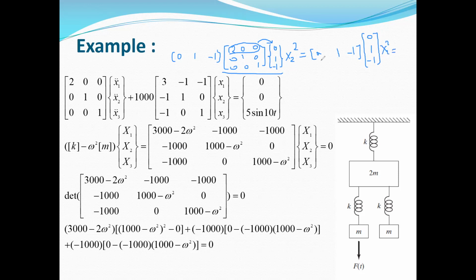And now we will have 0 multiplied by 0, 1 multiplied by 1, and minus 1 multiplied by minus 1.